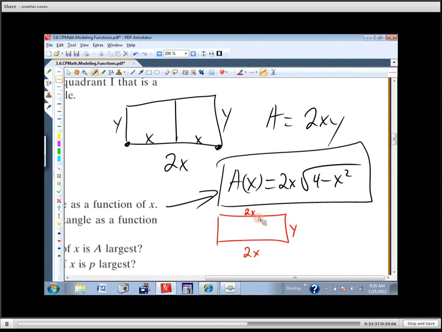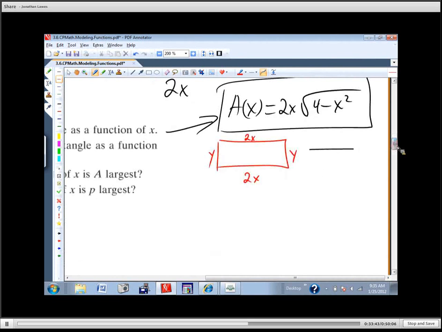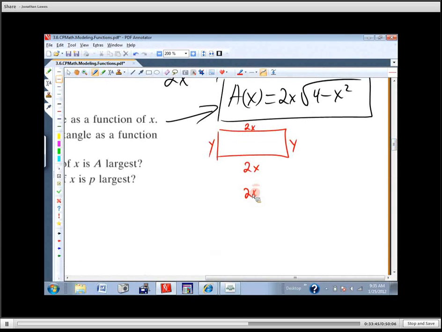If the bottom is 2x, the top is 2x. If the right is y, the left is y. So we'd add all those together: 2x plus 2x plus y plus y. Is that okay? So the perimeter would be 4x plus 2y. Good there? What do we not like about this?